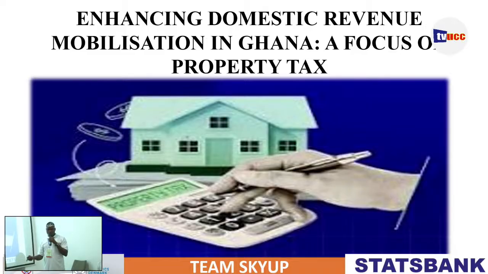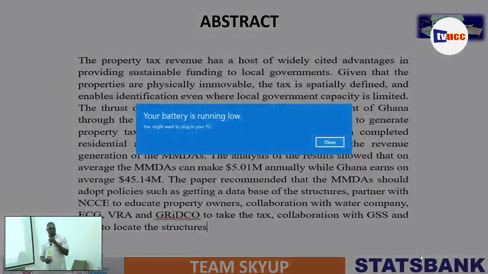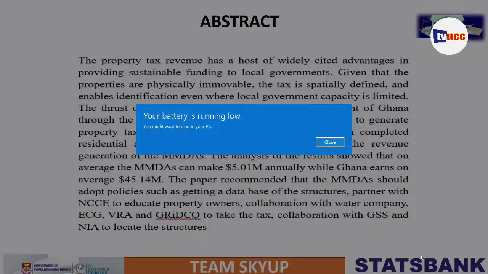Then we move on to the value of the asset. The statistics show that we have residential and non-residential data from Ghana Statistical Service. We were able to look at what the Bank of Ghana used for the pricing of a house in Ghana. It says we have a minimum of $50,000 for a residential house and a minimum of $30,000 for a non-residential house.